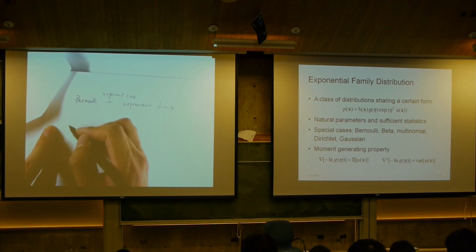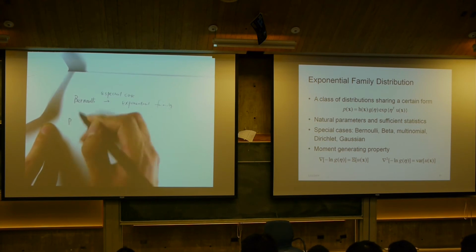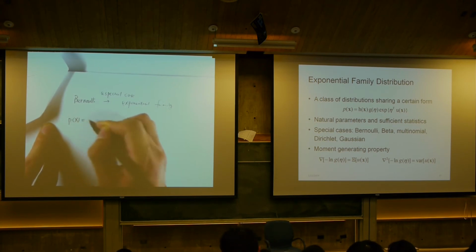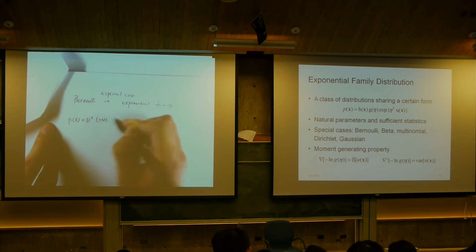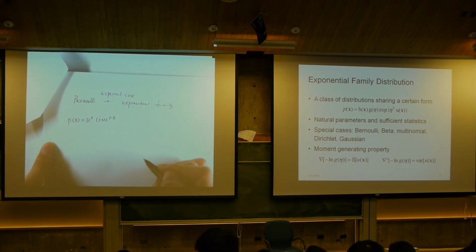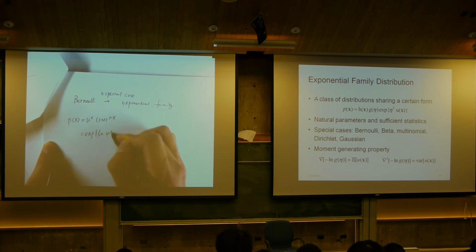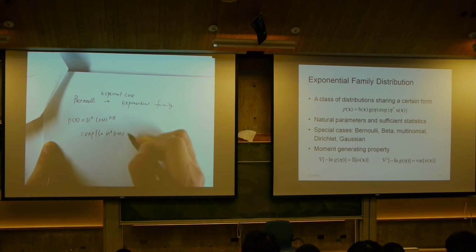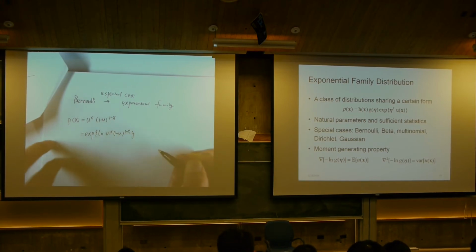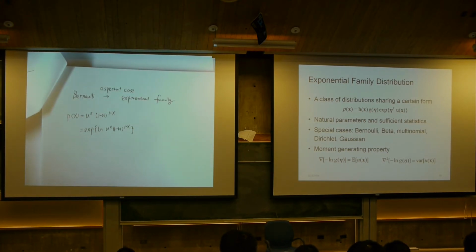Remember that the probability mass function of the Bernoulli distribution is p(x) = mu^x (1 - mu)^(1 - x). We put an exp here and do the log. It doesn't change anything, right?